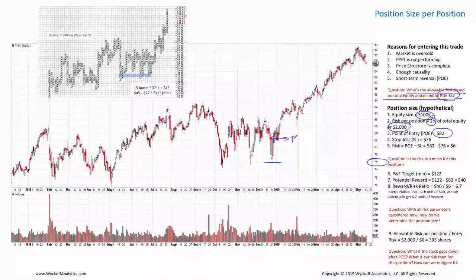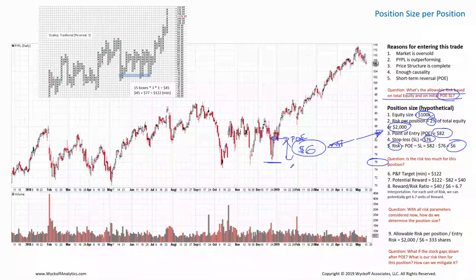So this is point of entry. And so our risk defined by dollar amount is $6. So we know how much we can risk on this position, and we know how much in dollars the difference between the point of entry and the stop loss our risk is.